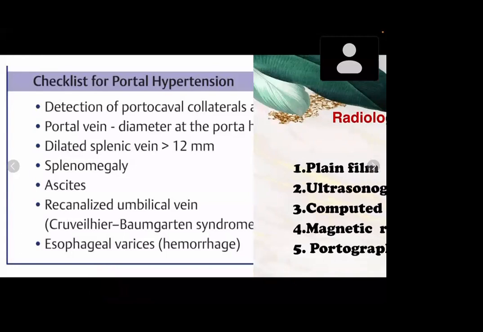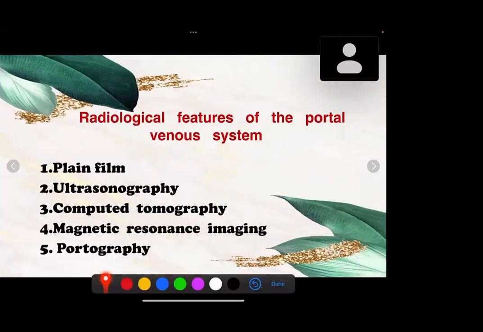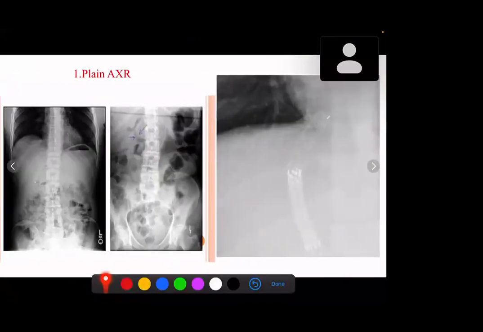Regarding the radiological features of the portal venous system, we have plain film, ultrasound, CT, MRI, and portography. This is a plain abdominal X-ray. We cannot see the portal vein on a plain abdominal X-ray, but we can see portal venous gas. As we said, pneumobilia is usually central gas, and portal venous gas is usually peripheral, because the blood flow in the portal vein is toward the liver and can reach up to the periphery of the liver.